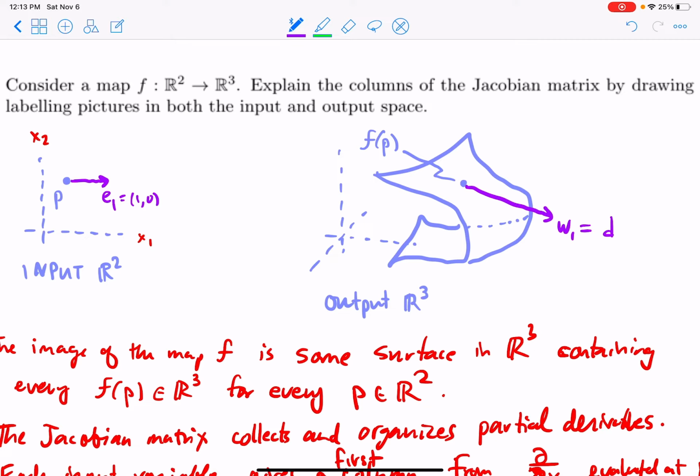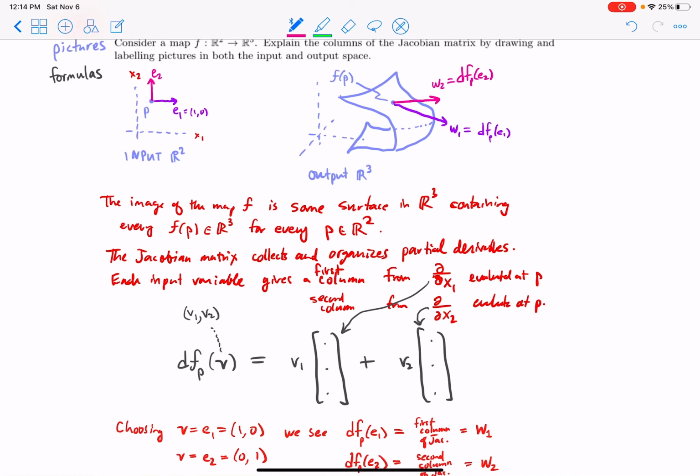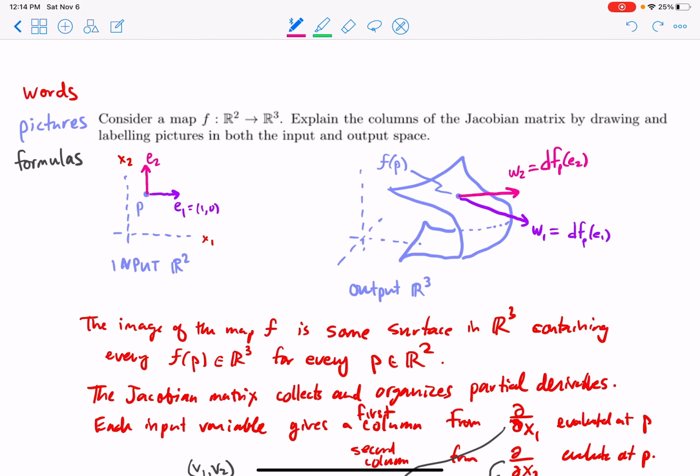And it's DFP of E1. And then we could also move in the second dimension, E2. And then we would get some other movement called W2 in the output space. It is this vector right here, coming from the partial derivative with respect to the second input variable.